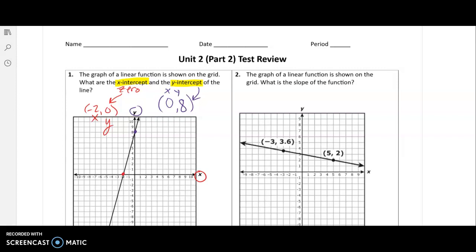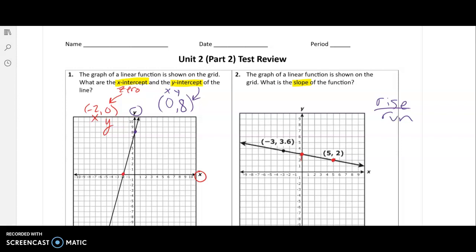Number 2 asks for the slope. Slope, remember, when we're finding it from a graph, is rise over run. Now, these points might be tricky because we can see that one of them has a decimal in it. So maybe we should choose a different point, one that's a whole number, like maybe our y-intercept. Then we can also use one of the points that's already given to us, (5, 2).